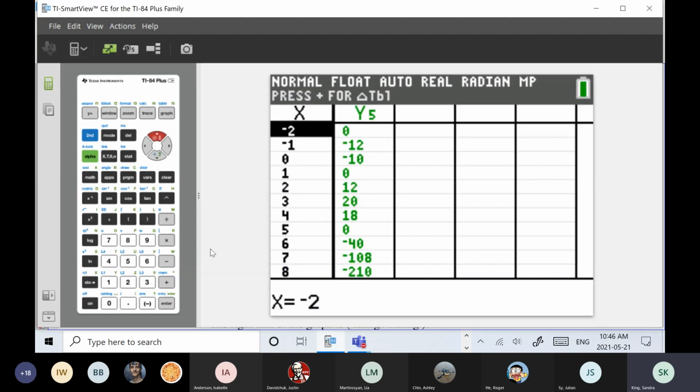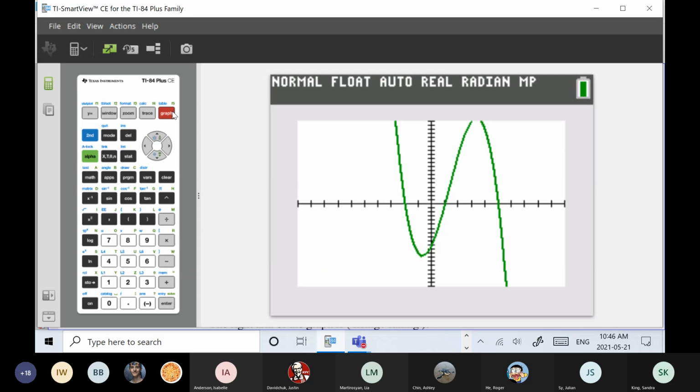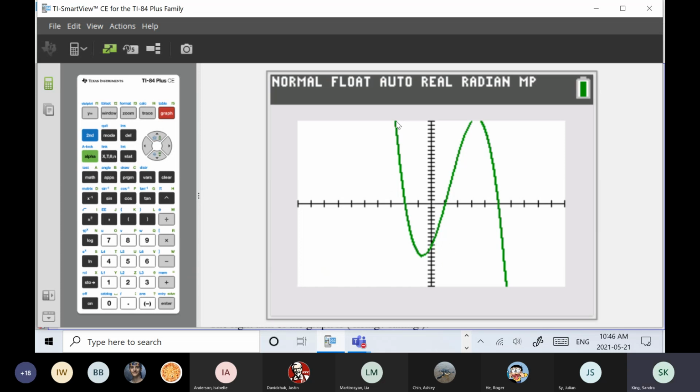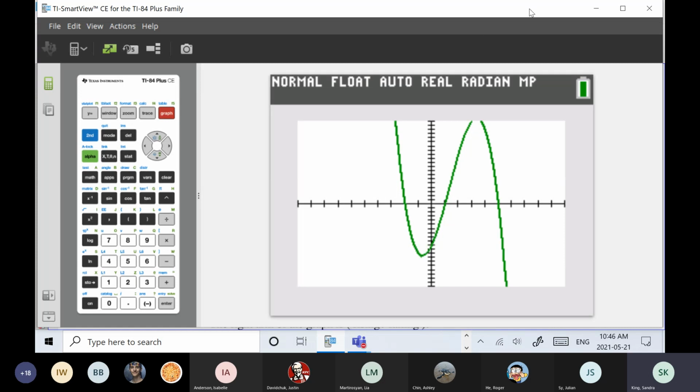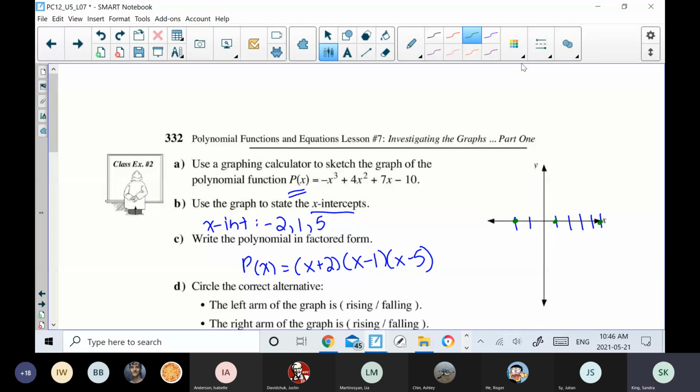So for my graph, what I mean is I know that it's going to fall here. And then I want my minimum to be lower than 10, because if this is 10, I want the minimum point here to be lower than that. So how I'm going to graph this is as follows.